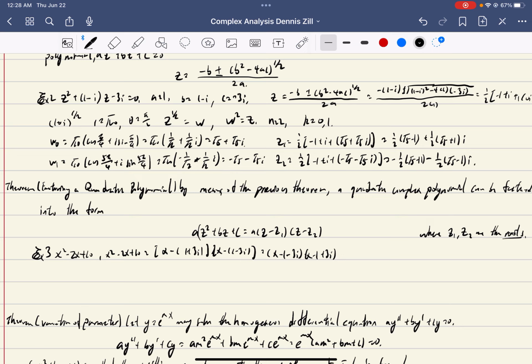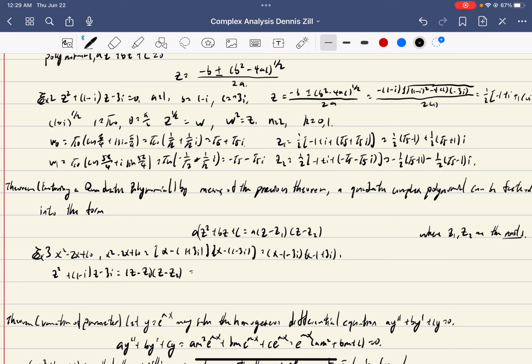And now similarly, we have z squared plus (1 minus i) z minus 3i. What is a? a is just 1. It's equal to (z minus z1) times (z minus z2).